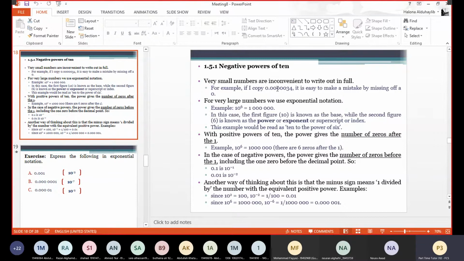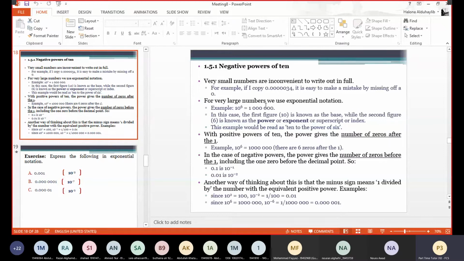For example, you have this value, 34 out of a million. It's easy to make mistakes with the number of zeros, or even to write it. So it becomes easier if you represent it with only 2 to 3 digits with power of 10.